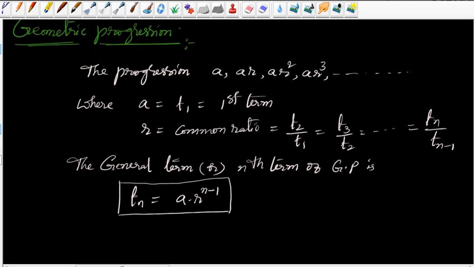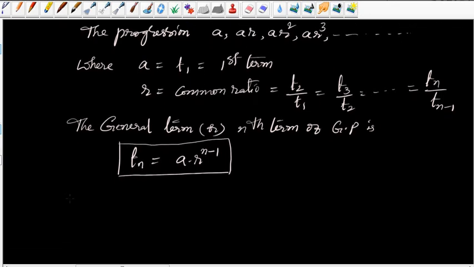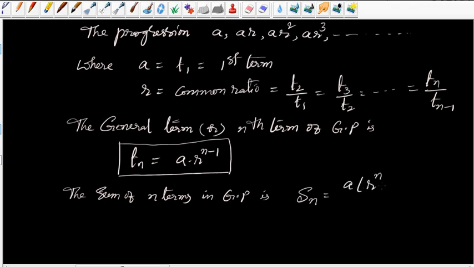Next one, the sum of n terms in GP is Sn is equal to A into R to the power of n minus 1 by R minus 1. So this is the sum of n terms in geometric progression.